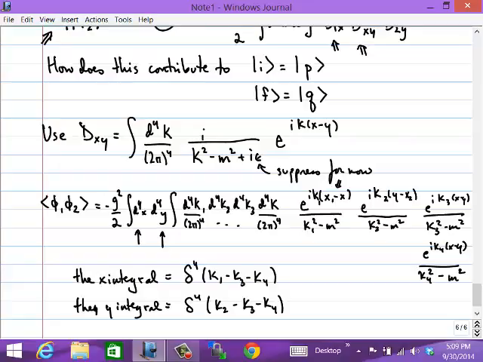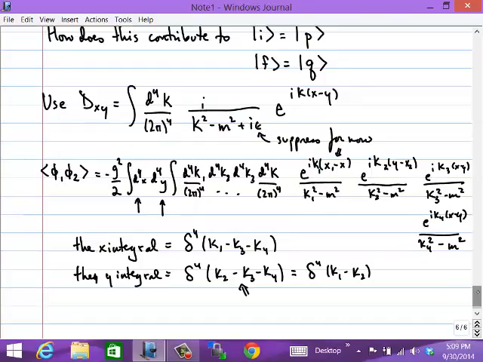So you can see that if you actually multiply, so let's say that we used the x integral to do the k3 integral. That would set k3 equal to k1 minus k4. You can then plug that into this expression here, and you would get a delta 4 of k1 minus k2. Okay.